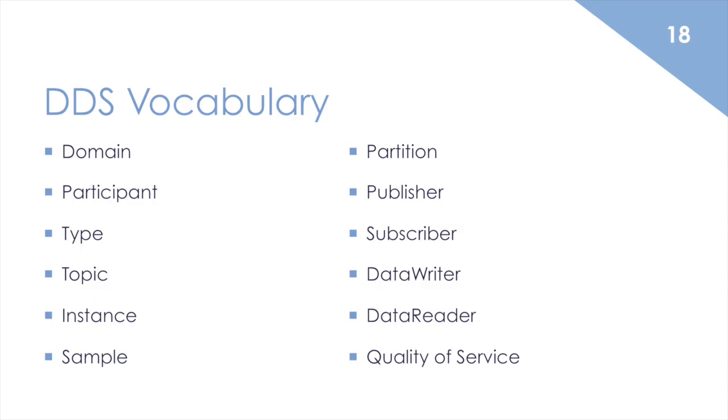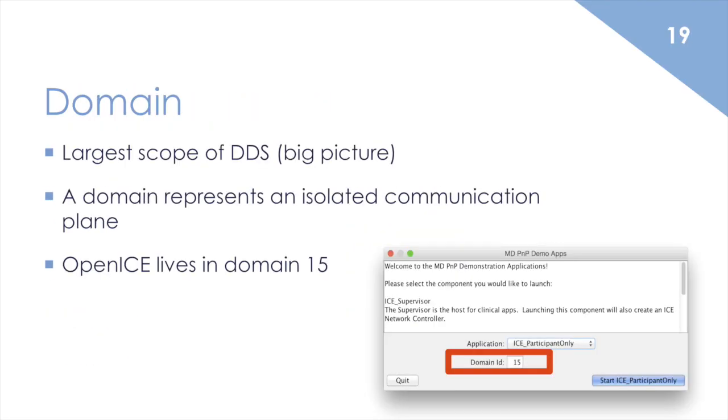DDS has somewhat its own vocabulary, and I'm going to describe some of the terms that are used in DDS. This will allow us to discuss briefly the DDS data model used in OpenICE. A domain is the largest scope of DDS. It represents an isolated communication plane on the UDP/IP network.